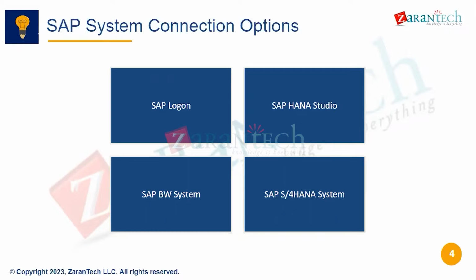Then only you can connect to the SAP system. On the other side, you can also connect to one more system called Business Objects, which is not cloud, even if you are connecting through a URL. You can connect to the Business Objects server as well.